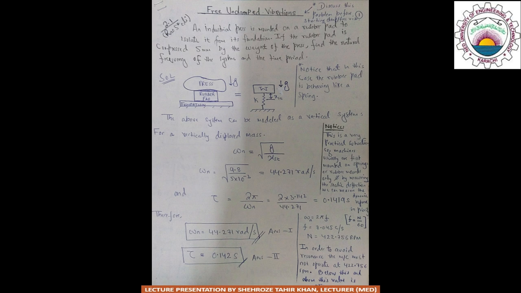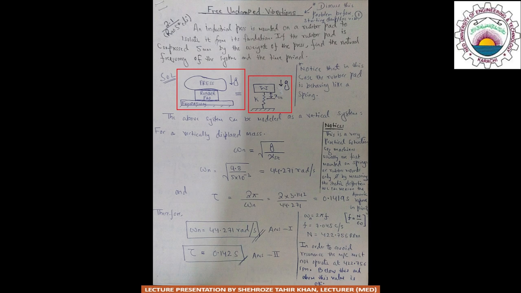So first of all, we sketch our system by drawing a rubber block in between the foundation and the press. We can now express this sketch into a mathematical model by taking press as a mass or inertial element and rubber as a stiffness element as shown in figure.